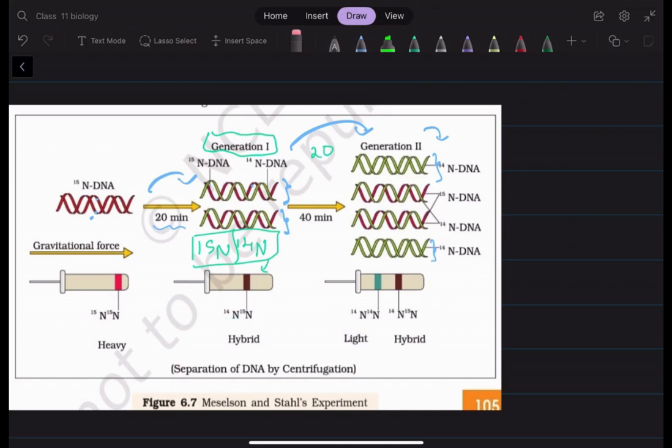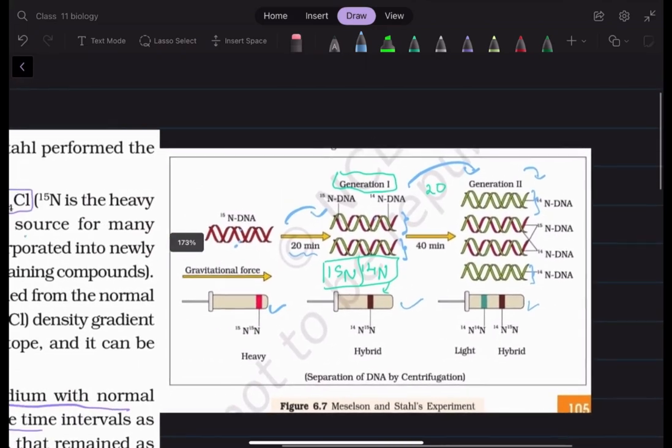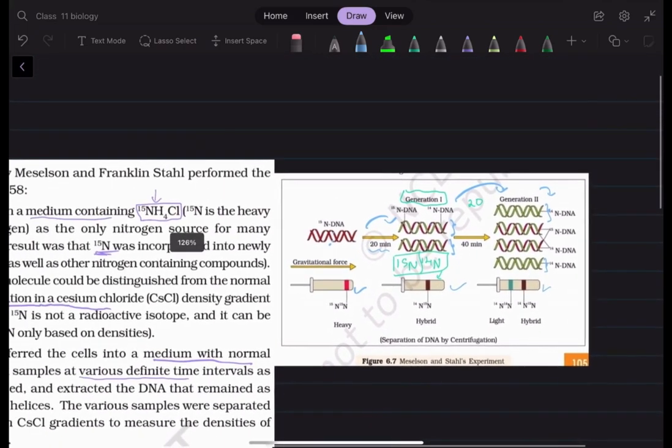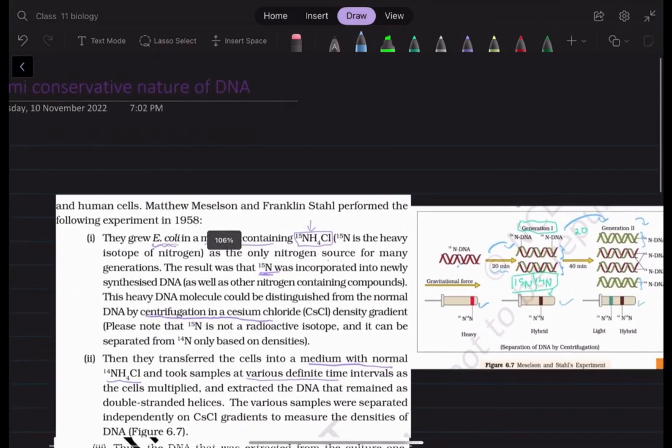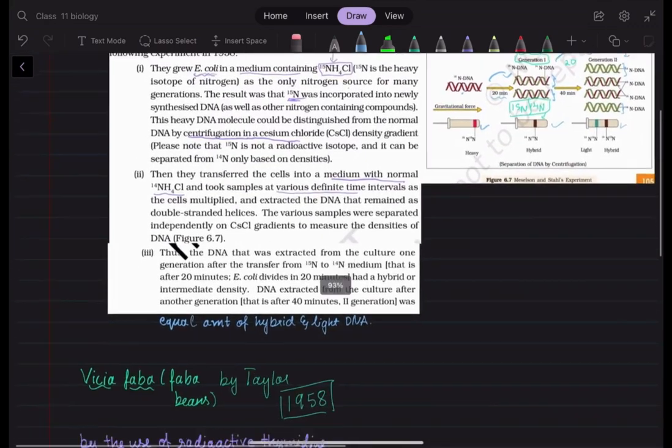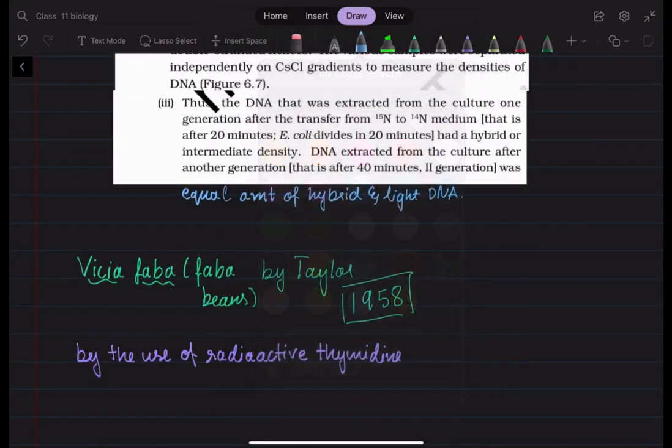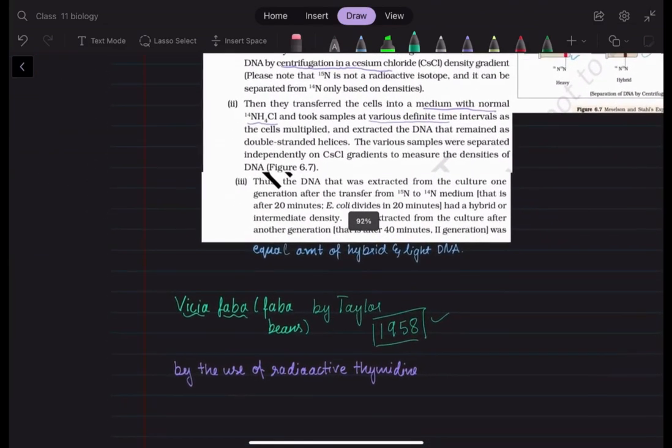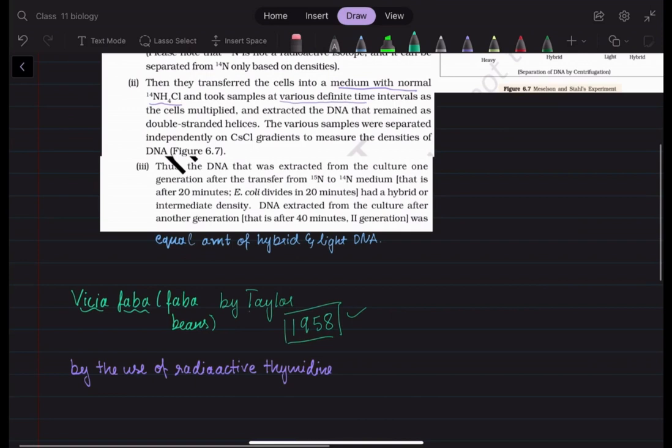As they carefully observed these observations, they came to a conclusion that DNA replicates itself in a semi-conservative manner. Now, another scientist in 1958, the same year, named Taylor, and his colleagues used Vicia faba, which we commonly call faba beans.